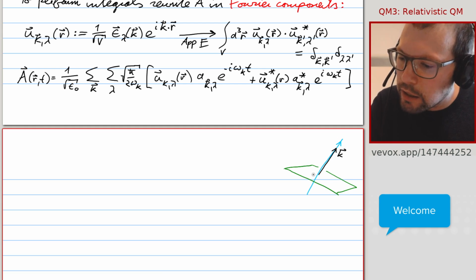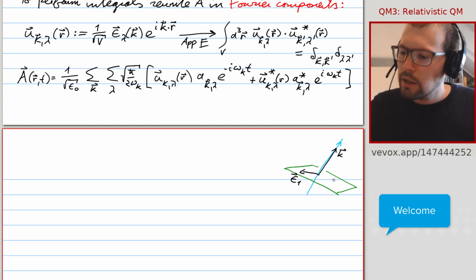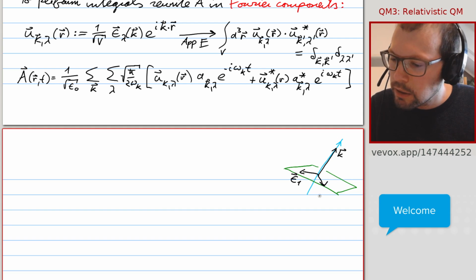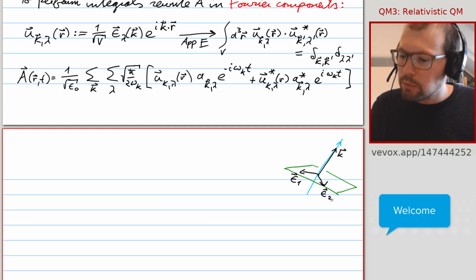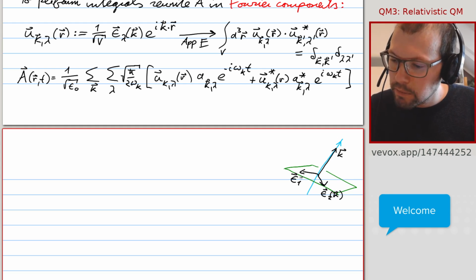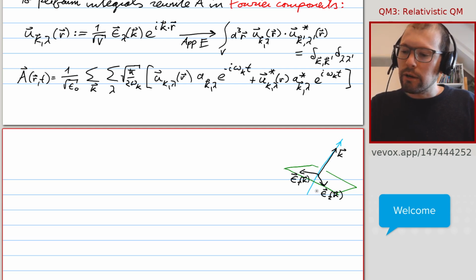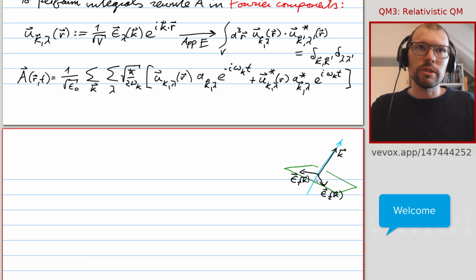Like this, so we had one polarization vector epsilon 1 and another one epsilon 2, depending on k. And we required them to be orthogonal to each other also, and together with the normalized wave vector to form a right-handed orthonormal basis.